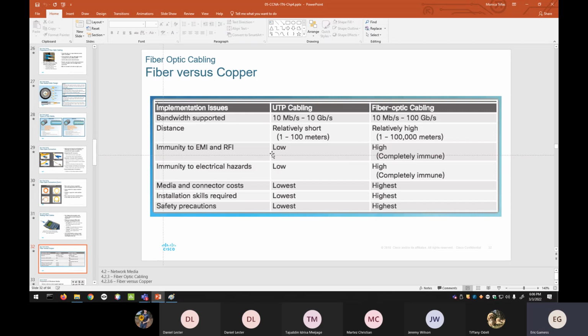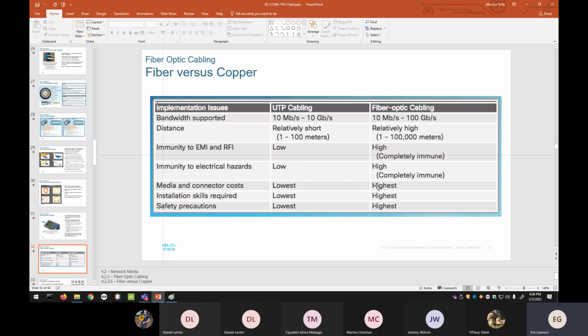UTP cable does suffer from them. From electrical hazard, fiber optic does not conduct electricity, so you are highly immune from electrical hazard. Here you can receive a discharge, no?